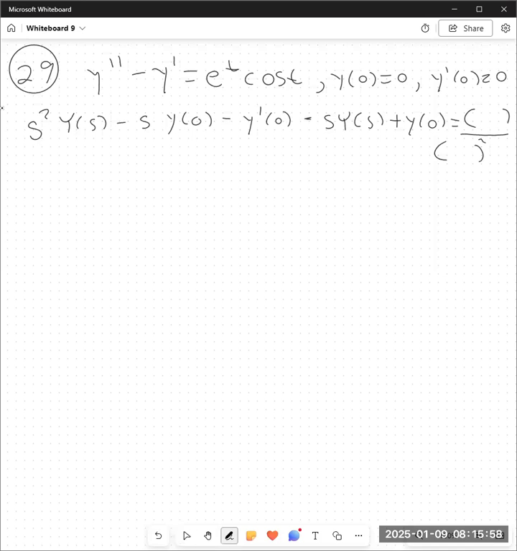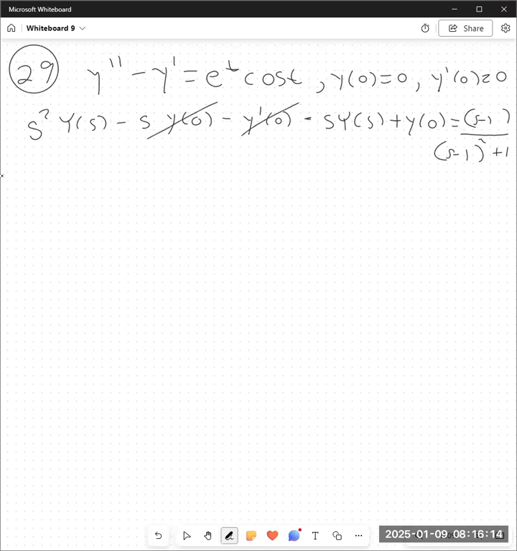These are going to be replaced by s - 1s, and then plus 1 squared is 1.